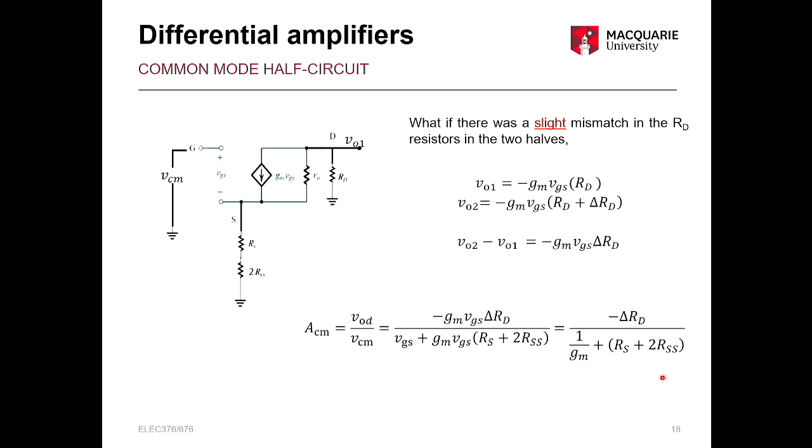Of course there's a dependency on that mismatch. You want to minimize that if you want to get your gain to be 0. So we're aiming for a 0 common mode gain. If that's 0, it goes to 0 again. We also want to maximize those resistance values, minimize GM, and there's other ways so that these all have an impact on our common mode gain that we don't want to be above 0.